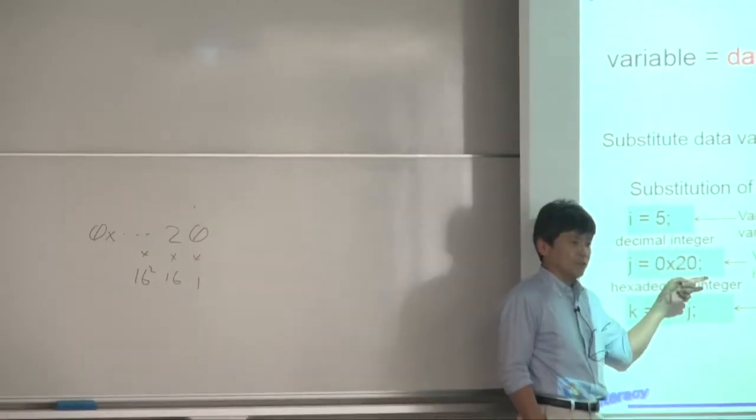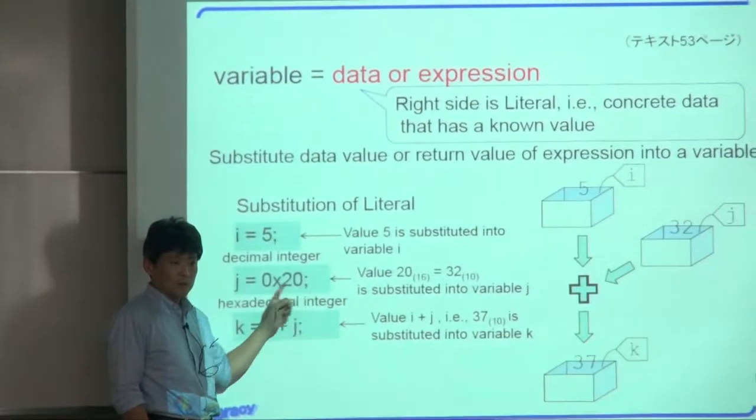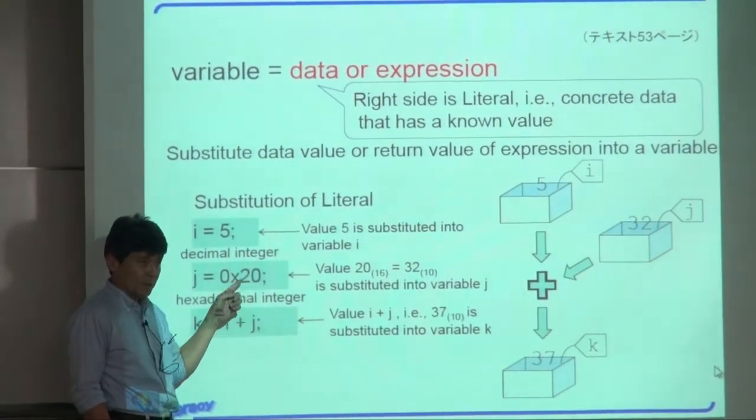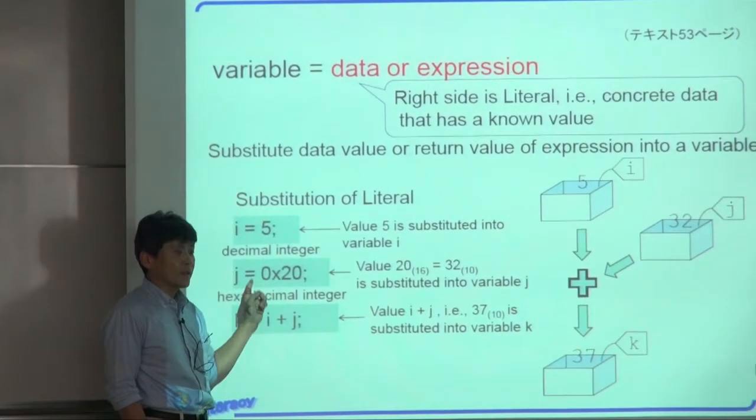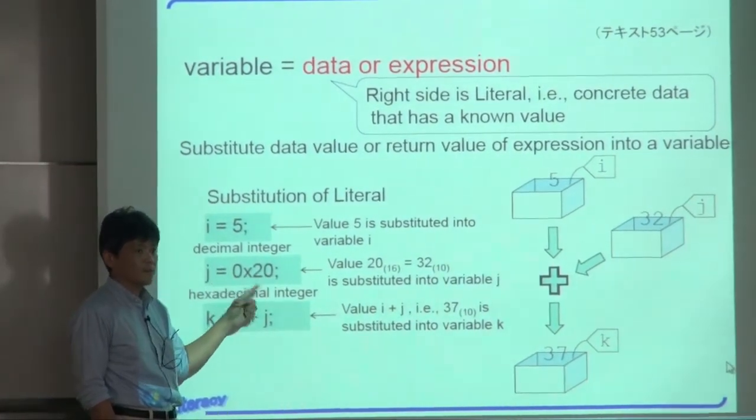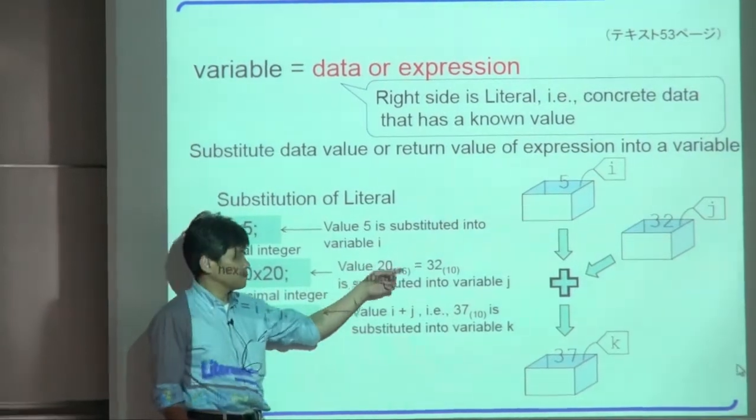If you put 0x in front of any number, in this case 20, this number is treated as a hexadecimal number, like this.